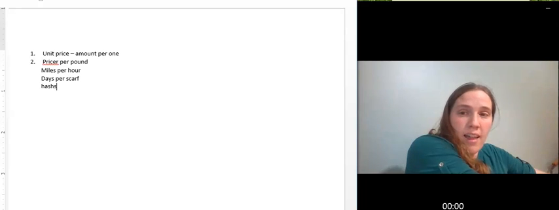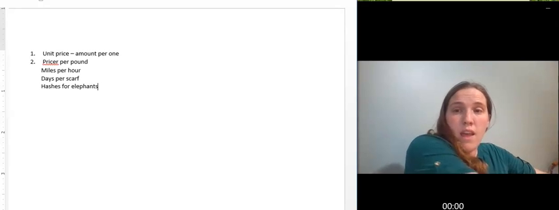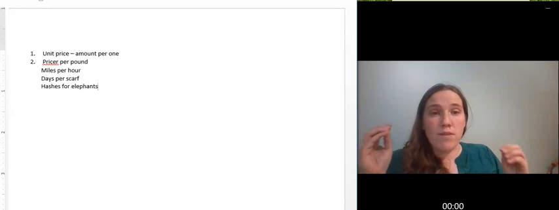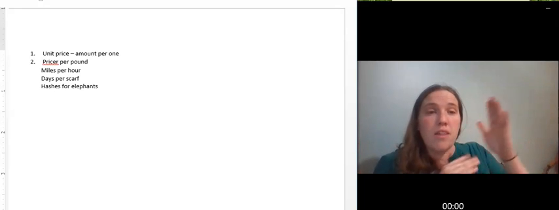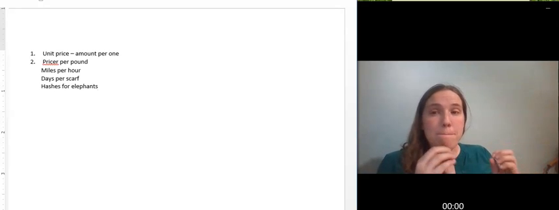If it says hashes for elephants, hashes goes on top, elephants goes on bottom. It doesn't have to make sense. Whatever is first goes on top, the per goes on bottom. Every single time. Make sure you get the right thing on top and the right thing on bottom tomorrow.